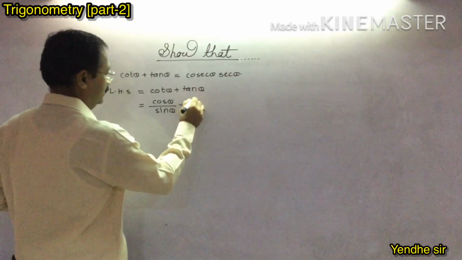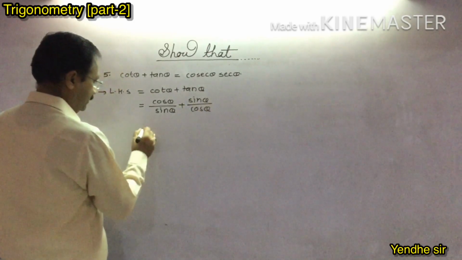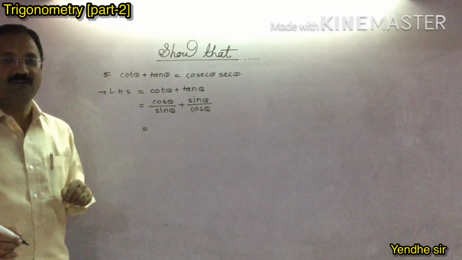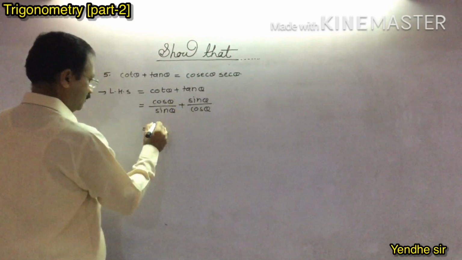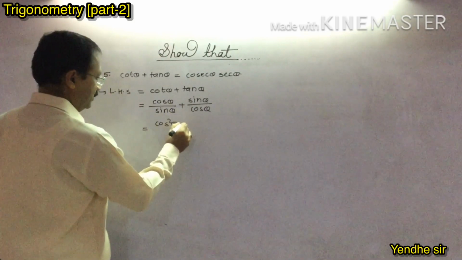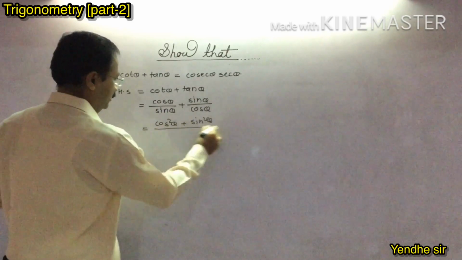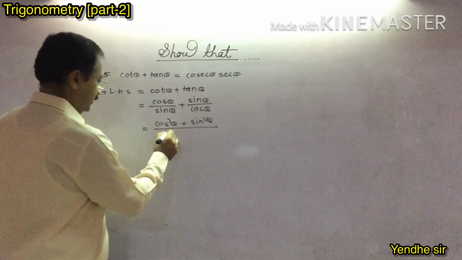What about tan? This is sin theta upon cos theta. Which is the next rule? Rule number 3. If the denominator is not the same, then you have to cross multiply. So here I am going to cross multiply. Cos into cos, cos square theta. Sin into sin, sin square theta. Upon sin theta into cos theta.